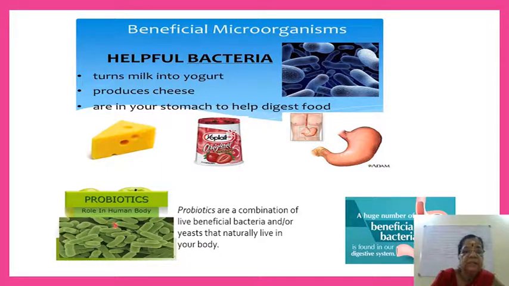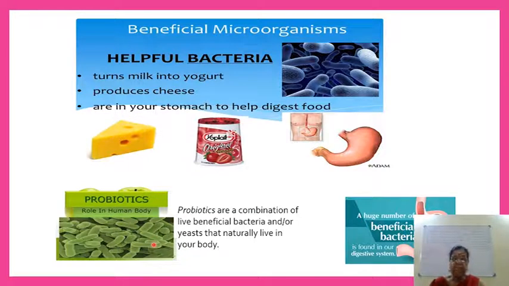இது வந்து ஒரு just useful bacteria. Okay. Then another one, we come across probiotics that is playing a major role in human body. They are the combination of live beneficial bacteria, and they may be bacteria or yeast, and they are naturally present in our body. Actually, the beneficial bacteria, and they are present in our body.